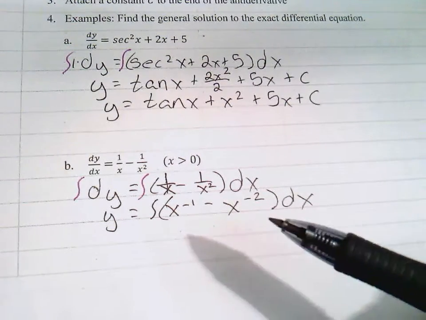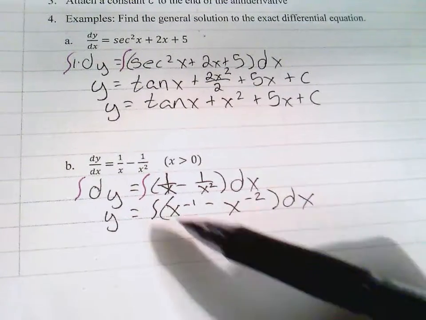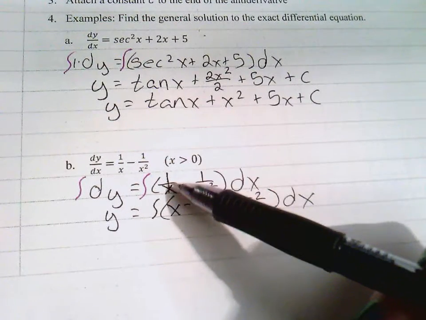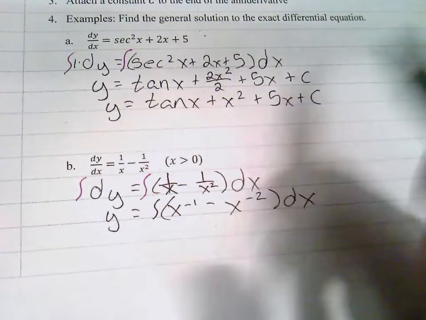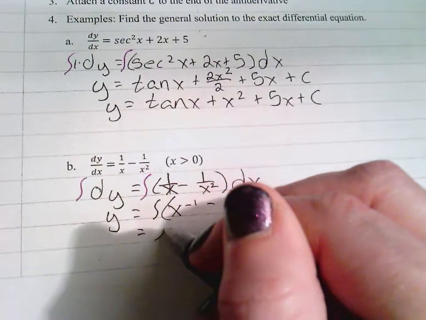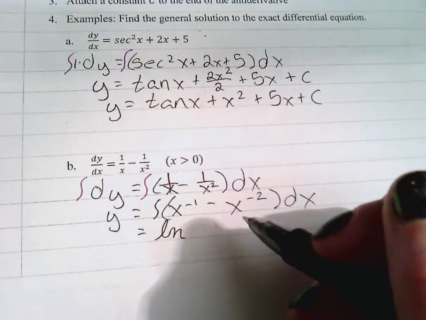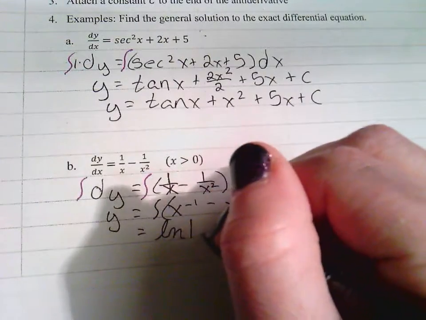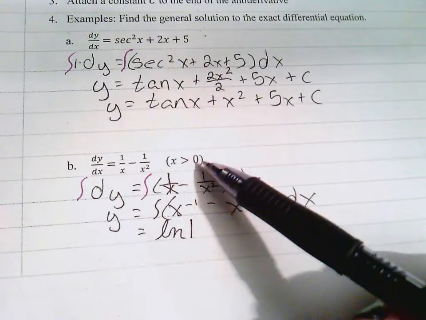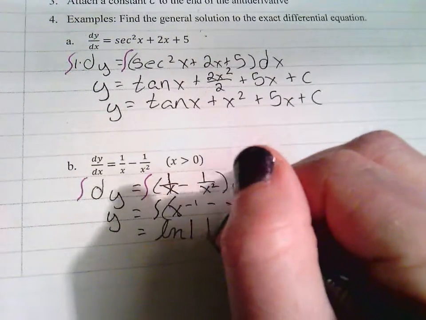So you're going to say, well, I can't divide by 0. That's because 1 over x, or x to the negative 1, the antiderivative of that is going to be ln of x. And we're going to put an absolute value sign. Well, never mind, we don't have to because it's greater than 0. But if you want to get used to it, you could put absolute value of x.